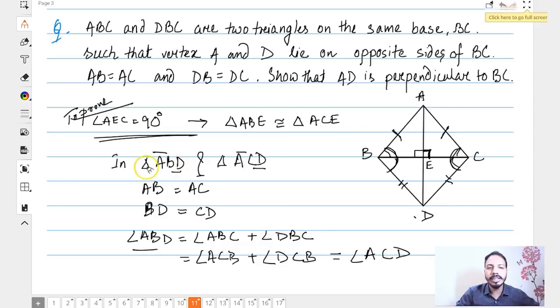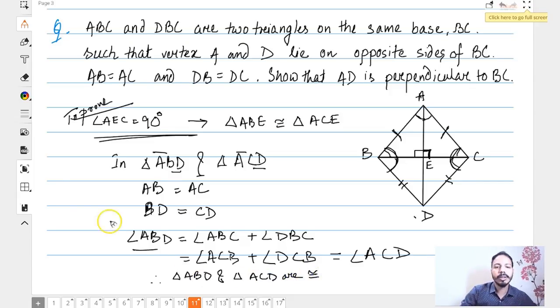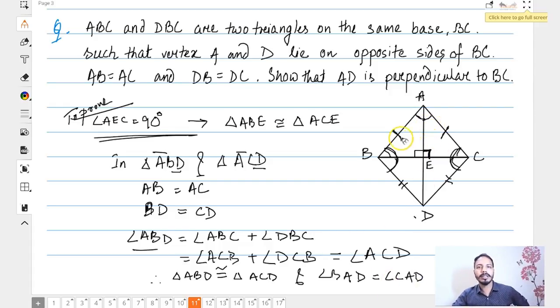So triangle ABD and triangle ACD are congruent, right? It's better I write it here. So this is congruent, and now I can say that angle BAD is equal to angle CAD, because these are corresponding parts of congruent triangles.